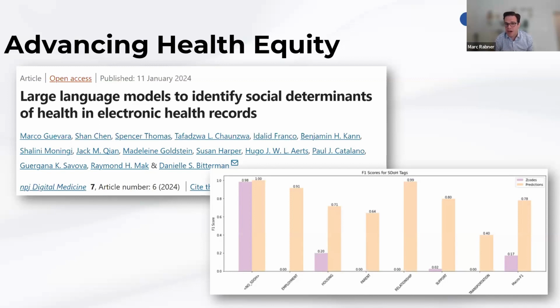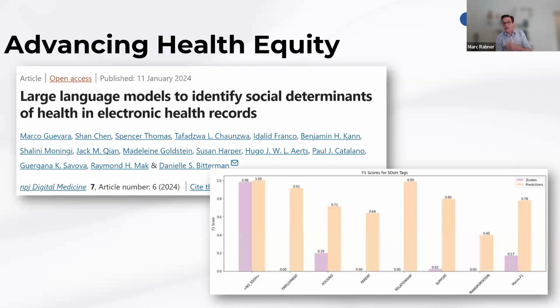This large language model looked at clinical notes and was able to identify social needs from those clinical notes that are already existing, already in the EHR, and compared that to what some organizations are using to identify social needs, with Z codes or ICD-10 codes that a clinician needs to code at the end of a visit.